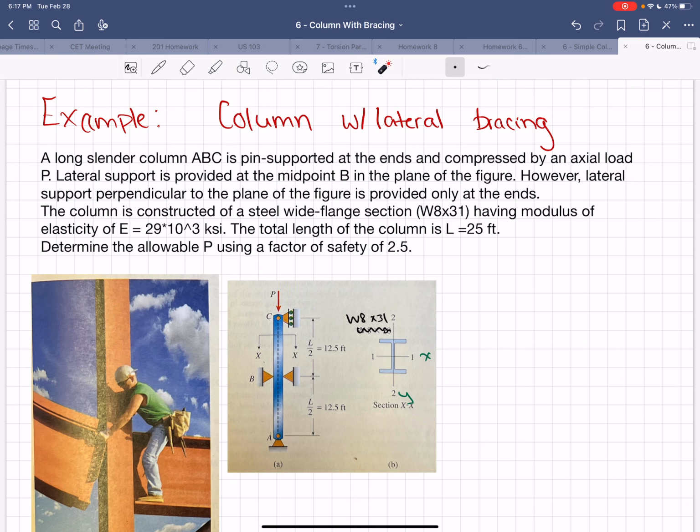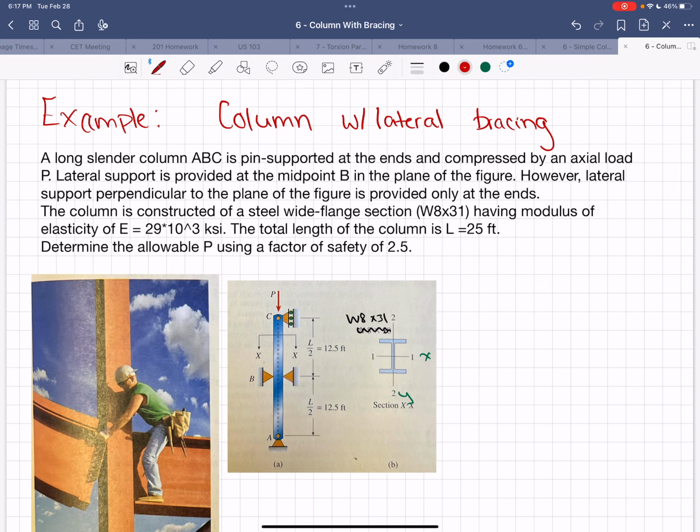And it's only provided in the plane of the figure. That means if it tries to bend along the page, it can only bend halfway. So that's in the plane of the picture there.